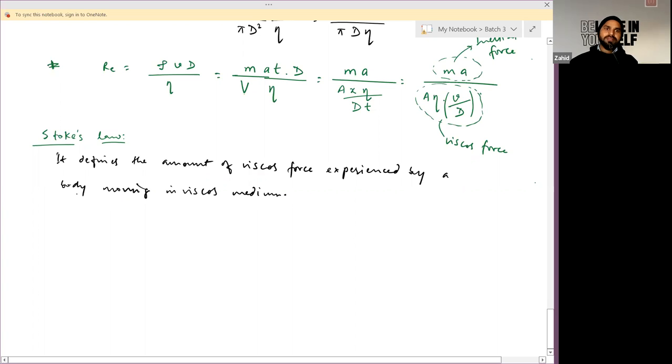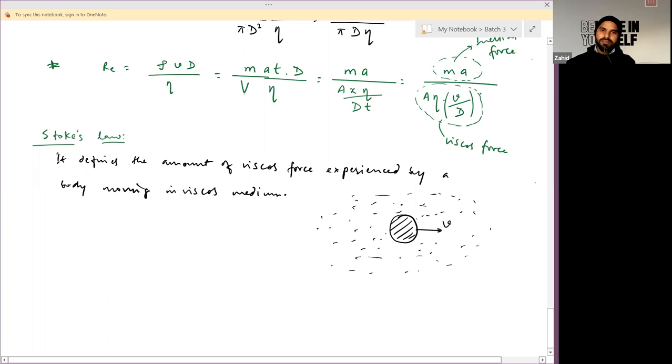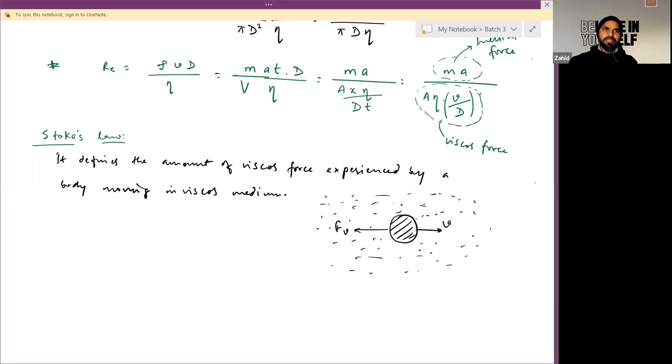Suppose this body, let's say a spherical ball, is projected with some velocity v in a viscous medium. So the viscous force experienced by this particular object will be in the opposite direction of its motion, so let's say along this direction. So this viscous force will depend upon some factors of this liquid.